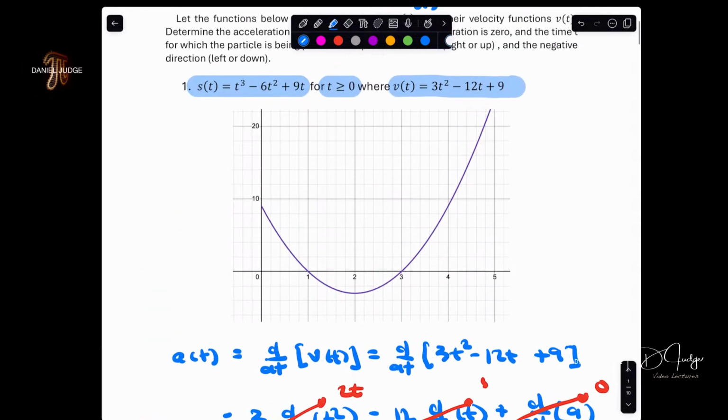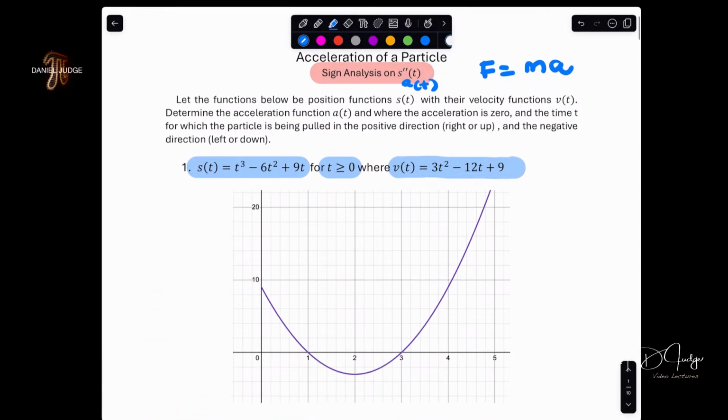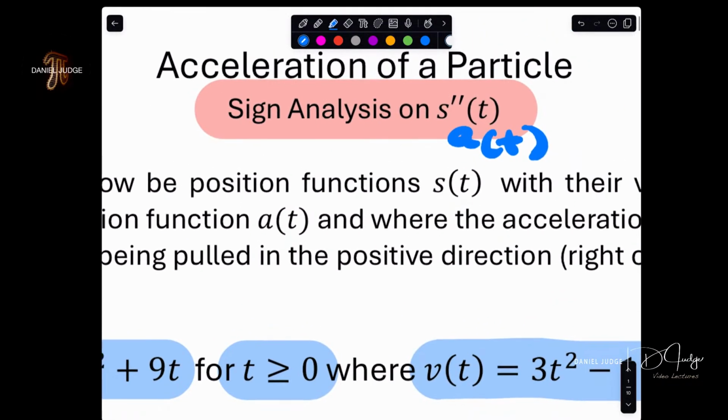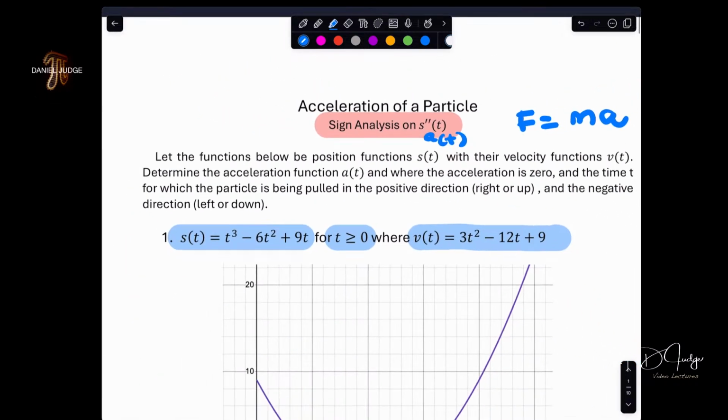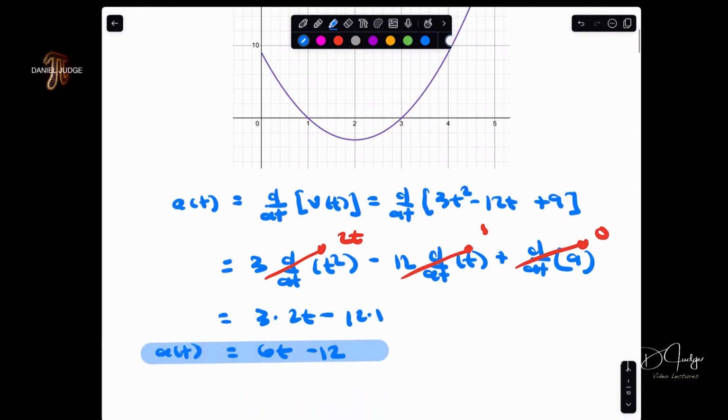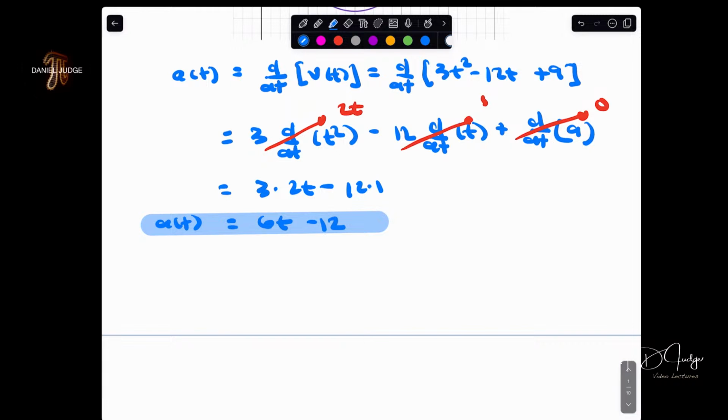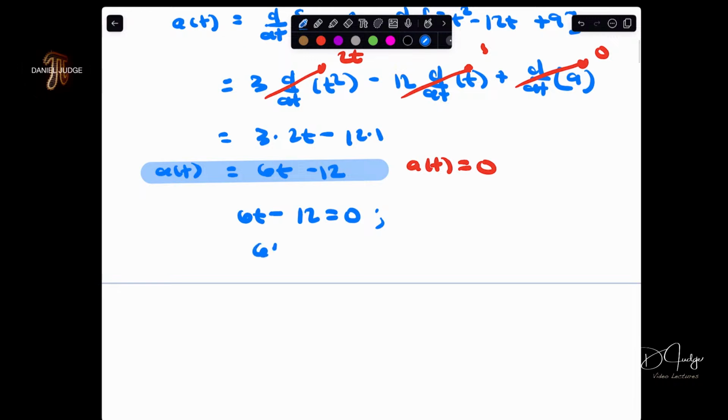And remember, we're going to perform sign analysis on the acceleration to get the time t for which acceleration is 0, positive, or negative. So you're going to set a of t equal to 0 now. So that means 6t minus 12 is 0, or we should say 6t equals 12.